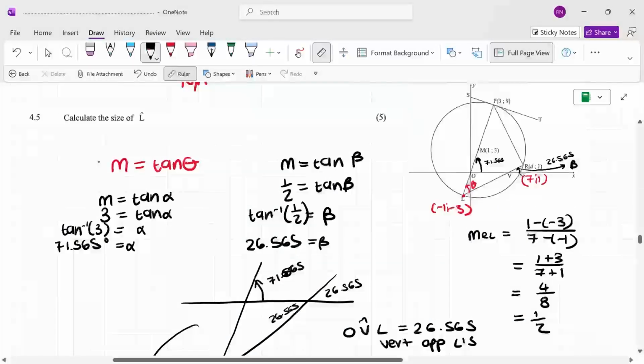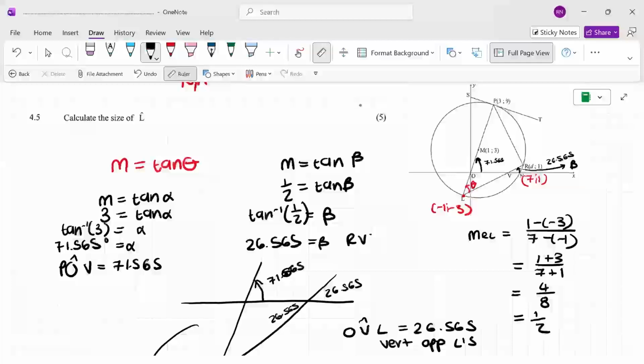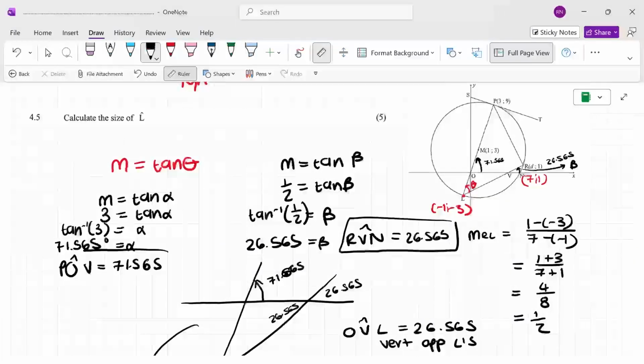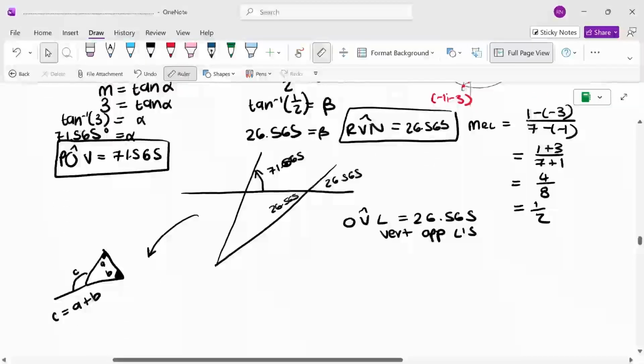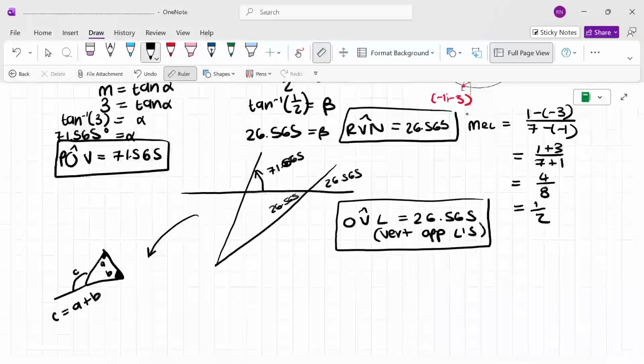This one where we found our alpha would be POV, which is 71.565, and this beta is RVN, which is equal to 26.565. You just need to make sure you state this, right? And then we said OVL is going to be 26.565 because of vertically opposite angles.